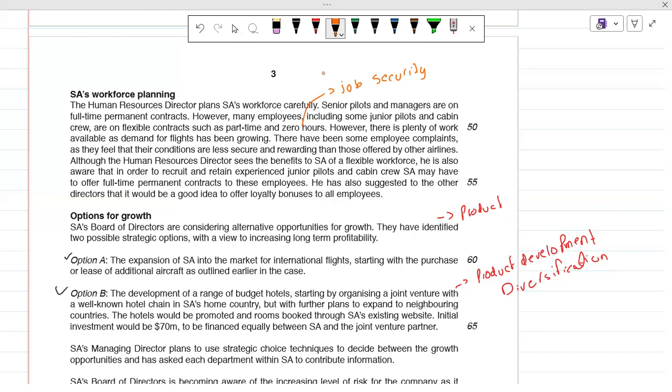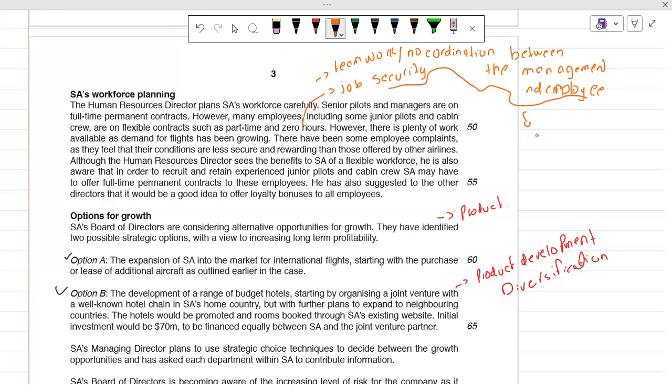And the second thing is no teamwork, no coordination between the managers or the management team or between the employees. So somehow we can say that this is basically related to demotivation.